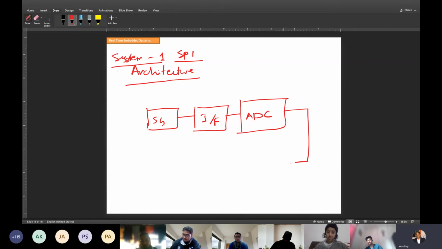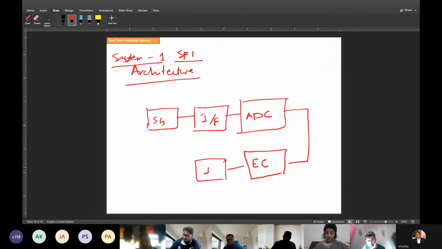Then comes your embedded controller or microprocessor with memory, which has CPU, memory, everything. Then again interface, then DA converter. Then this output. It can be another further, or there could be DA here and interface.